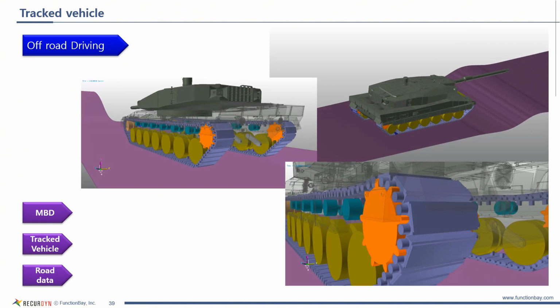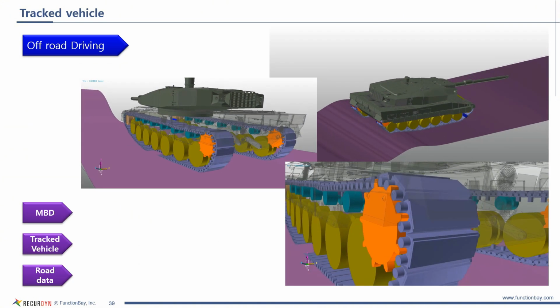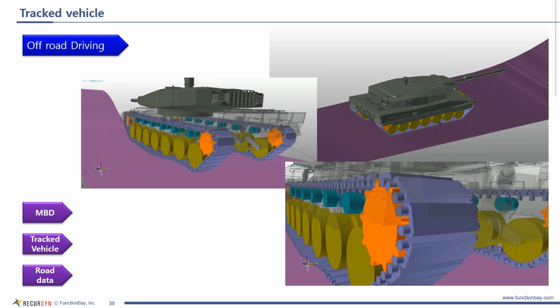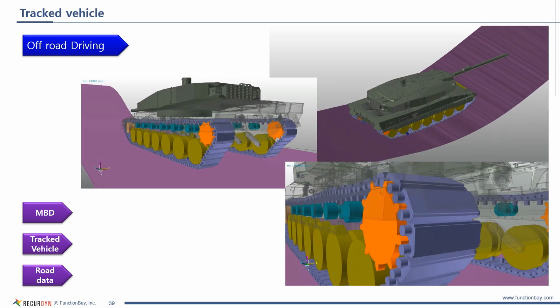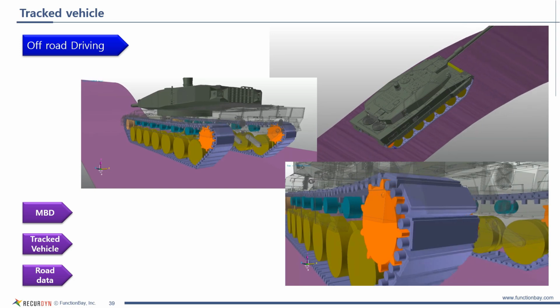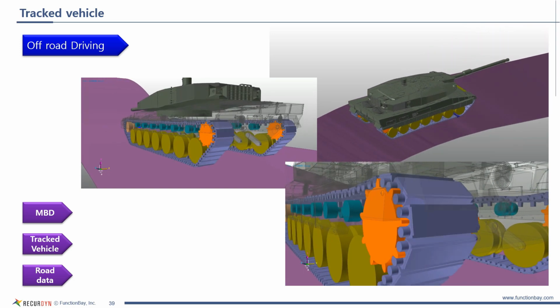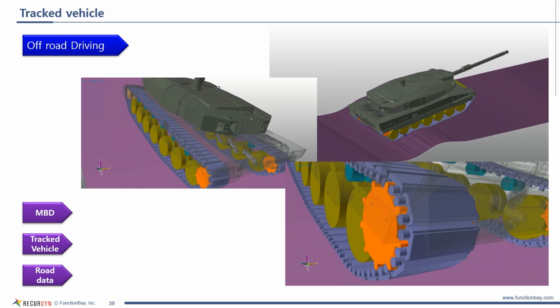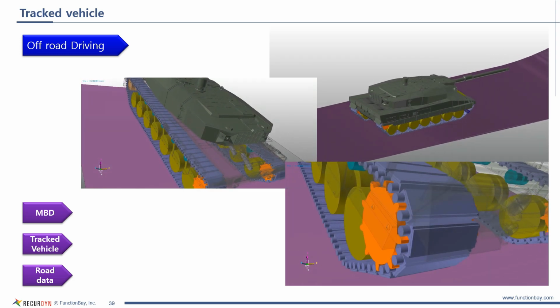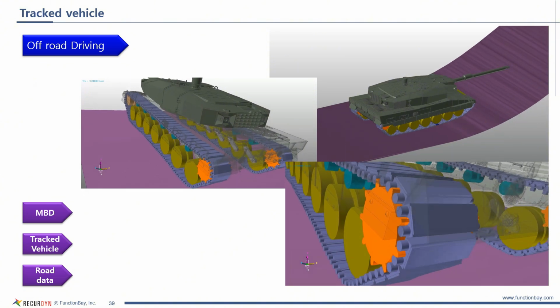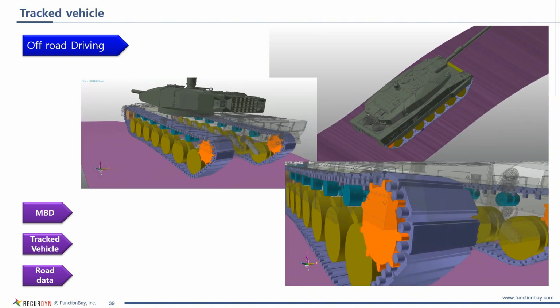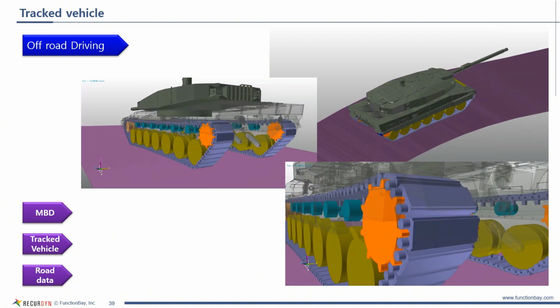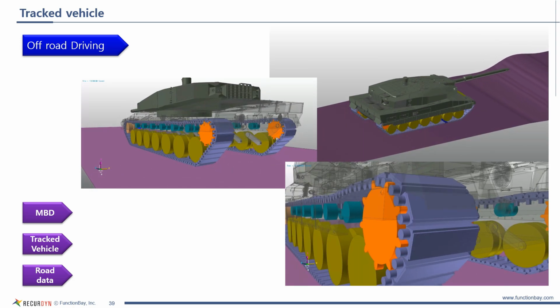This is a representative example of a combat vehicle that applies a track system, a tank. Similar to Humvee, which we previously examined as it navigates off-road terrains, tanks operating in rugged environments can have their terrain profiles defined freely for testing within the dynamic model.